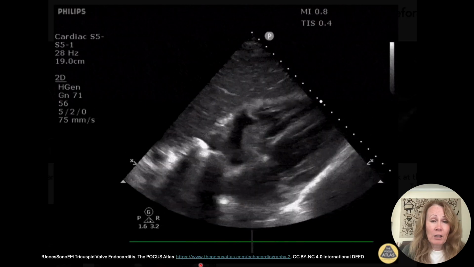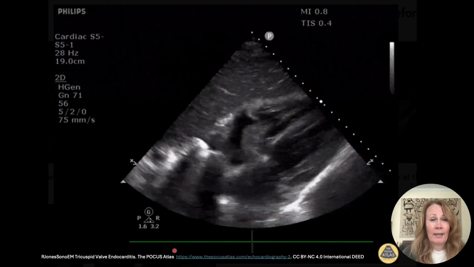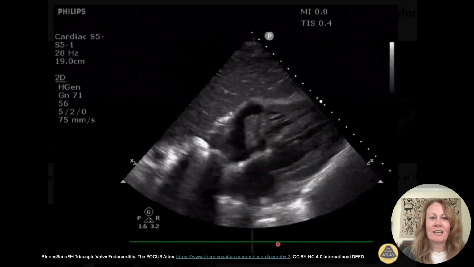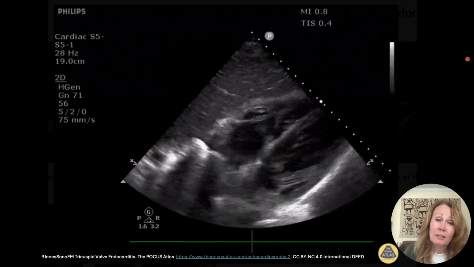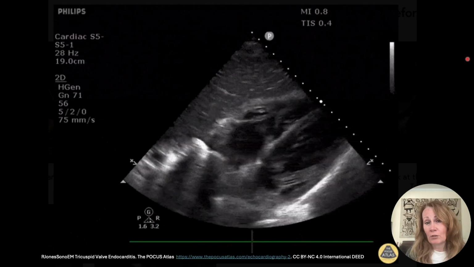And we heard that hollow systolic murmur when we were examining him, and we can see that the culprit is right there. That is a vegetation on the tricuspid valve, which is very common with folks who are IV drug users who get endocarditis.